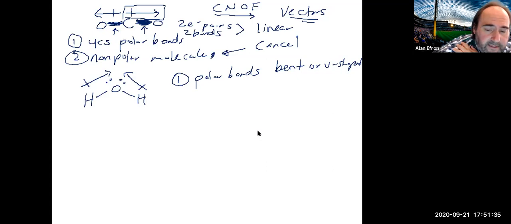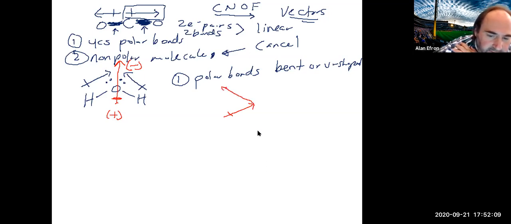And what's going to happen is you're going to get what is sometimes referred to as a net dipole moment, also represented by this arrow, heading in this direction. Basically that means the oxygen is going to be more negative. So the oxygen side of water is more negative. The hydrogen side of water is more positive. Again, in terms of the vectors, it works something like this. You draw one vector heading in the direction it was heading. You line up the other vector at the arrow of it.